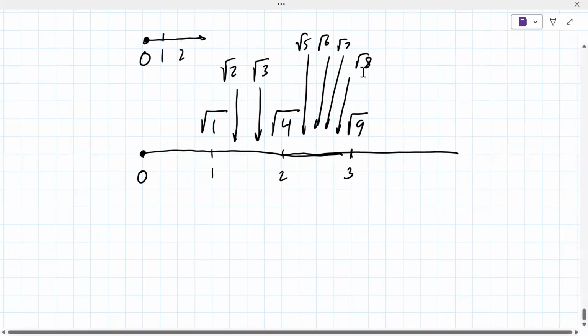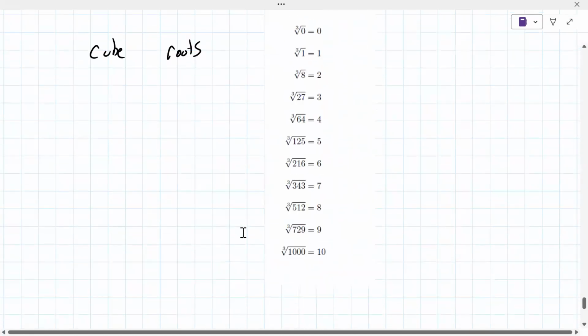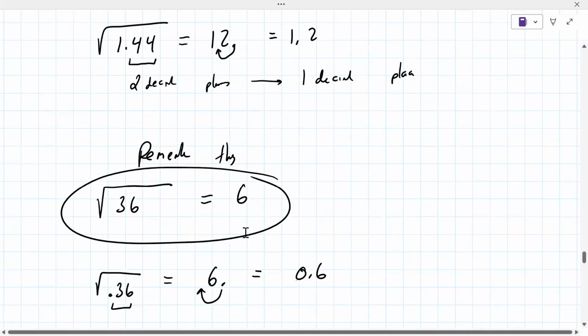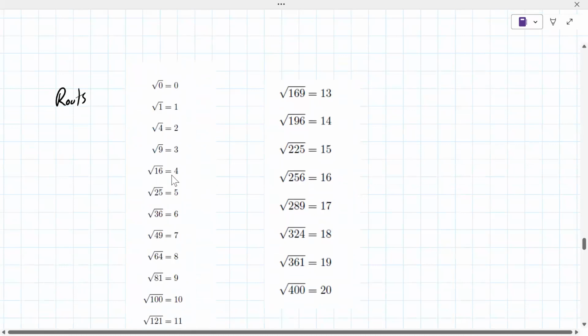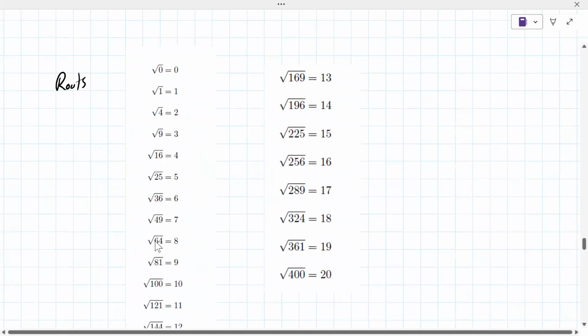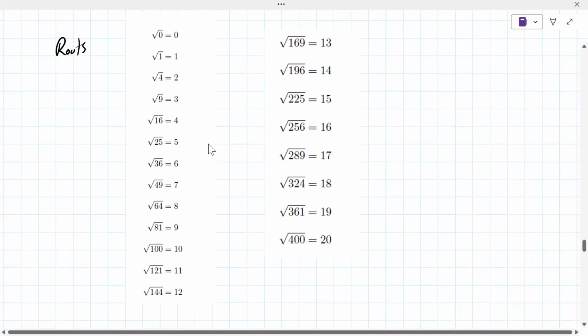Now, do you see how the square root of 8 is closer to 3? Mm-hmm. And the square root of 5 is closer to 2? Mm-hmm. So when they give you a problem that you have to find, you have to go back to this list, and find the 2 square roots that surround it. That's another reason why I got to know this list.